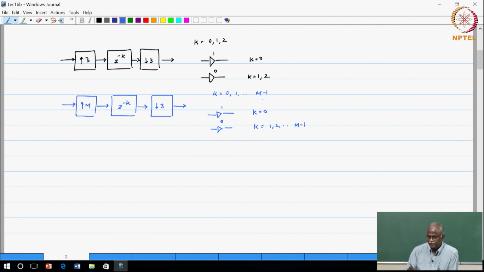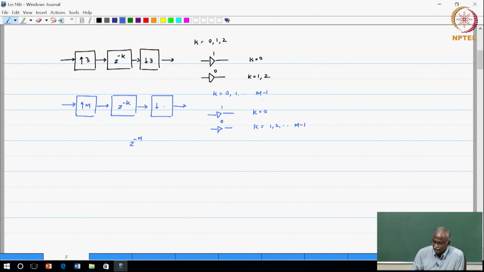Then this becomes a unity gain term for k equal to 0, it becomes 0 for all others. So this sort of structure eliminates a lot of the combinations that are possible. Now what happens if k equal to m, if the delay is z power minus m? How would you prove that? You can move the decimator to the left, then it will be, so this should not be 3, this should be m.